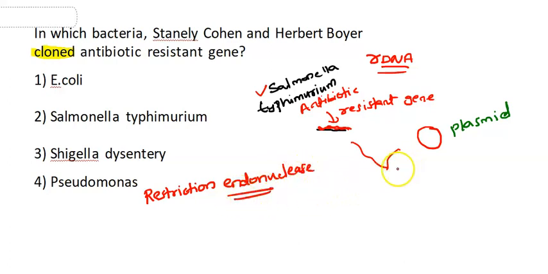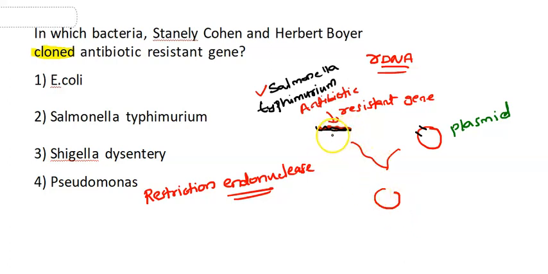Using the same restriction endonuclease enzyme, we will cut the plasmid. Now what will be the shape of the plasmid? A plasmid will be like this, and there will be a small gap. To this small gap, we will combine the antibiotic resistant gene, which I represent in black color.